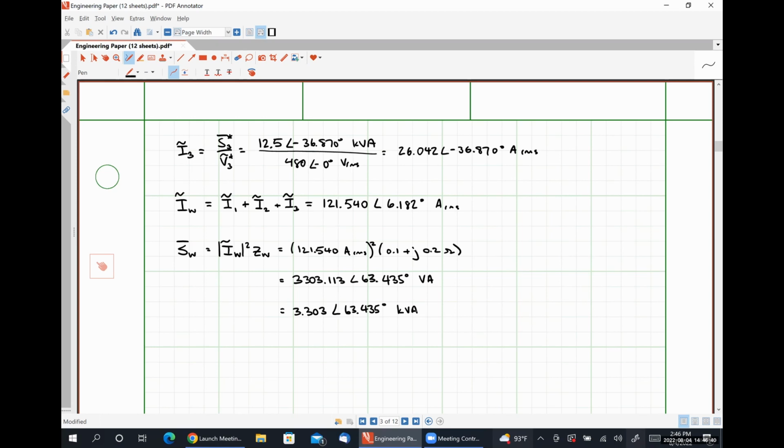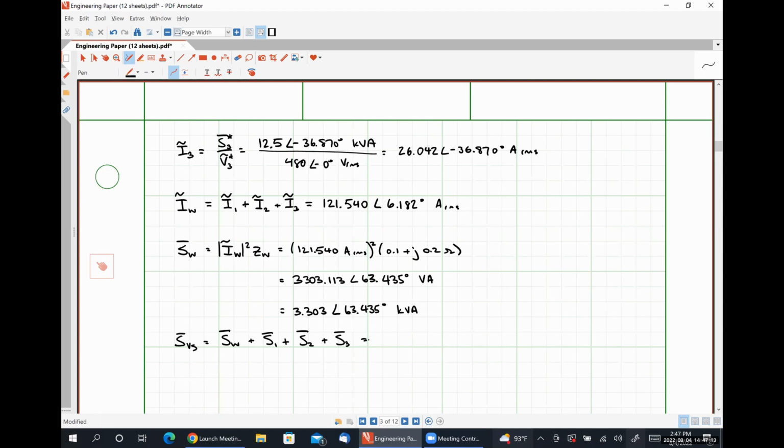So finally, we can say that SVS, the complex power supplied by my voltage source, is SW, the complex power absorbed by my wire, plus S1, the complex power absorbed by load 1, plus S2, the complex power absorbed by load 2, plus S3, the complex power absorbed by load 3.